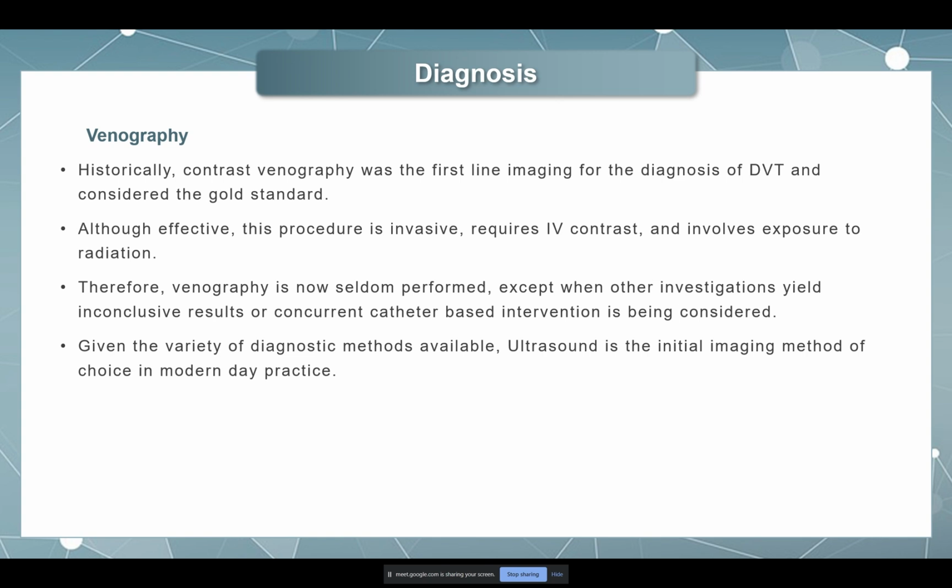Although effective, this procedure is invasive and requires IV contrast, and also involves exposure to radiation. So this is seldom performed now, except when other investigations yield inconclusive results or concurrent catheter-based intervention is being considered. So out of all these diagnostic methods, ultrasound is still the initial imaging method of choice in our practice.